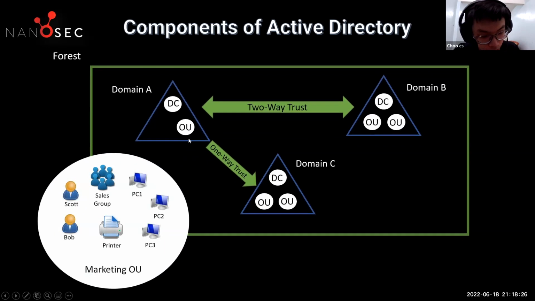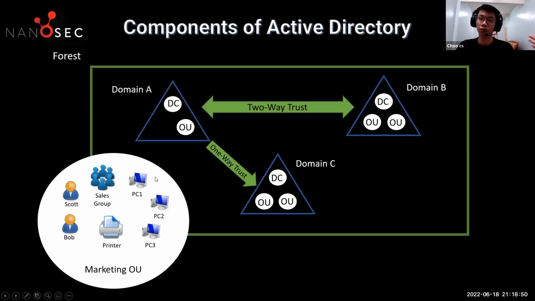What is an OU? An OU consists of many users or resources inside. We can see here there's user Scott, user Bob, and we can even add a group inside an OU. In the marketing OU here, we have a sales group, and we can add a PC to the OU itself.